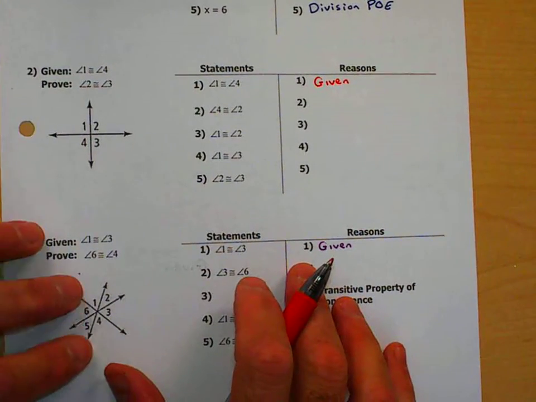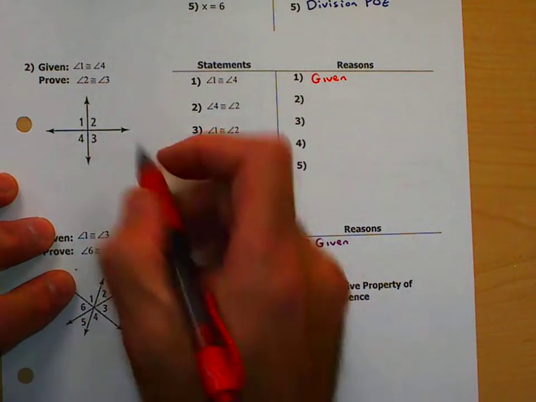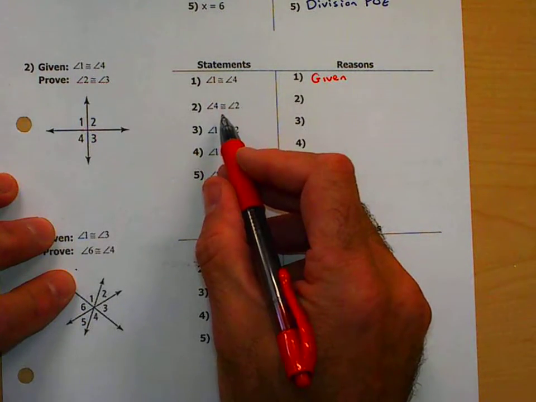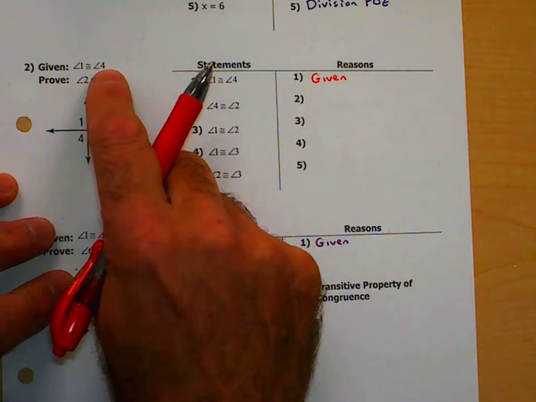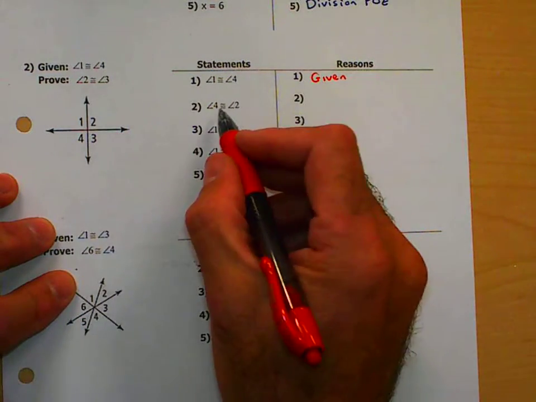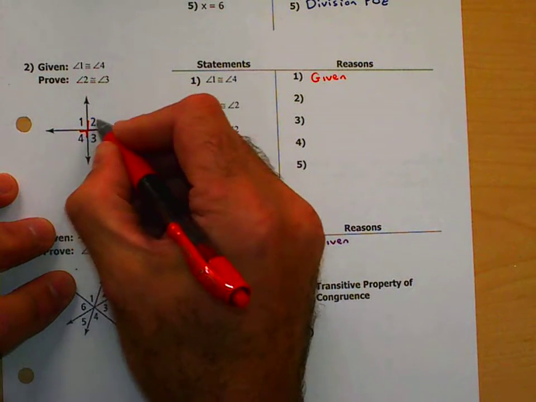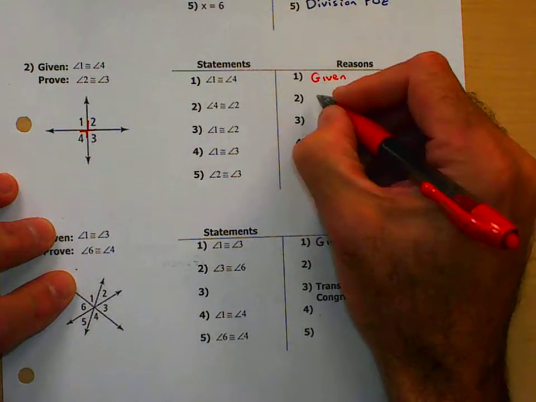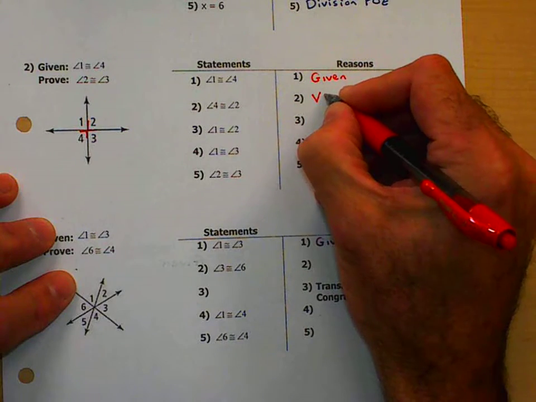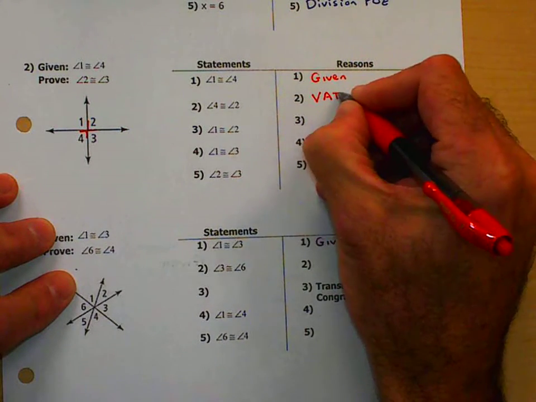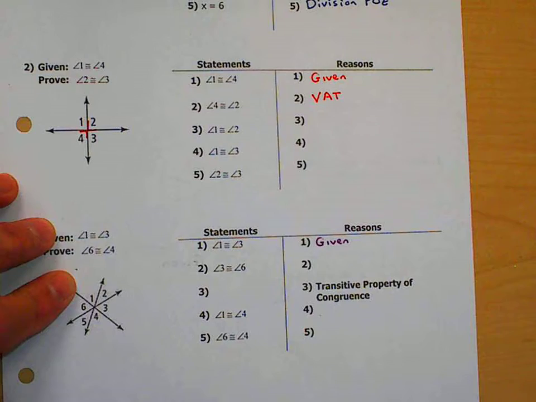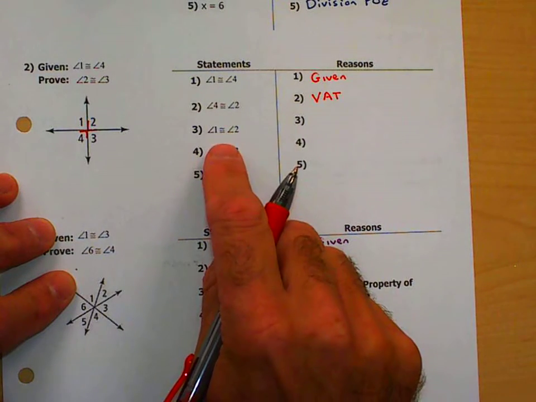Again, I start with the given information. I look at 4 and 2. I have this is given, and I have this picture to be given. Well, 4 and 2, if they're comparing these two, those are vertical angles. So vertical angle theorem tells us that they're congruent to one another. That's vertical angle theorem. Then 1 and 2 being congruent.